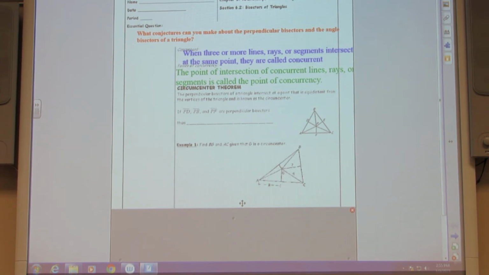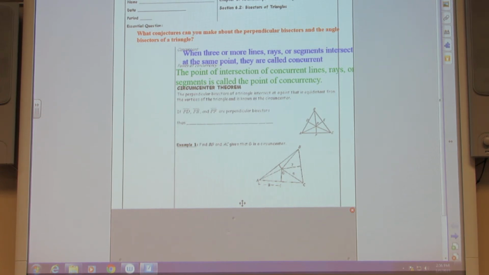The circumcenter is the point where your perpendicular bisectors of a triangle intersect. So these are lines that go through the line, hit it at 90 degrees, and cut it in half, our definition of perpendicular bisectors.